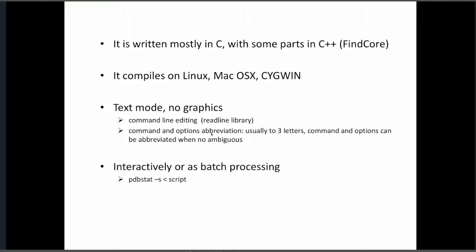It can be used either interactively, which is how it is mostly used at the NMR lab at CABM, or for batch processing for the PSVS. So you can write a script with the commands of PDBStat, and you use the -s flag to make PDBStat accept the batch processing. If you don't use the -s, it will crash badly.